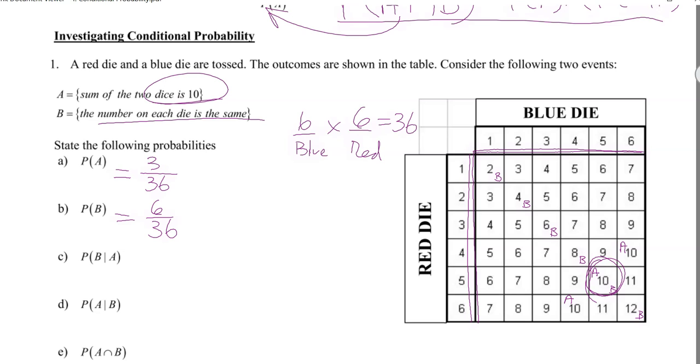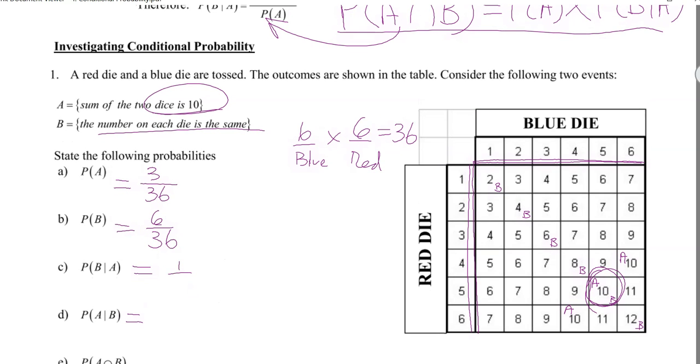First we need a sum of 10, then we look to see if the numbers are the same. And we can see that's 1 out of 36, one of the outcomes. So given that A has happened, the probability that we have doubles is, wait a minute, it's not 1 out of 36.